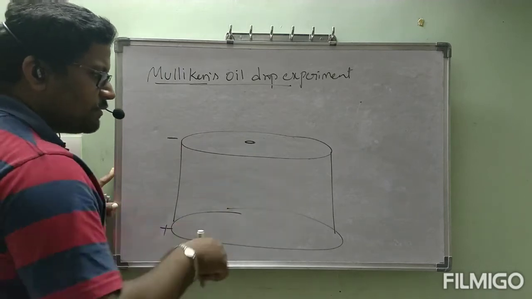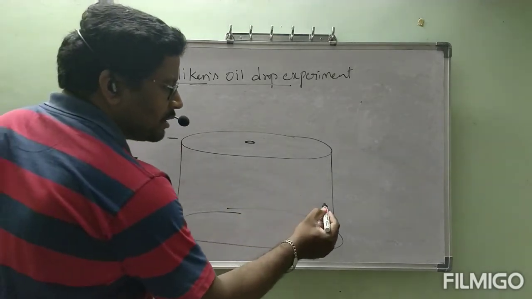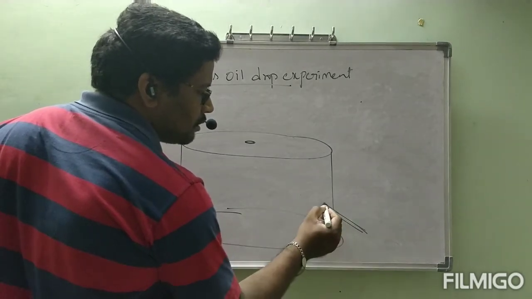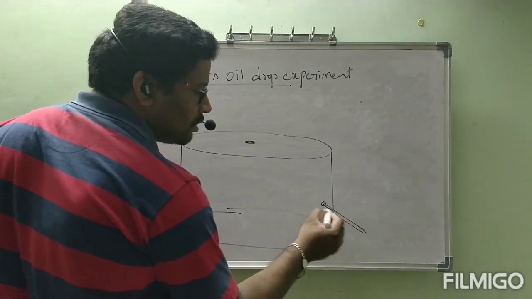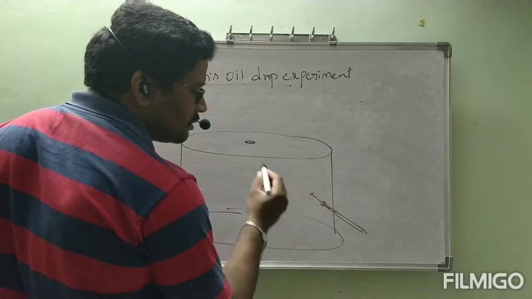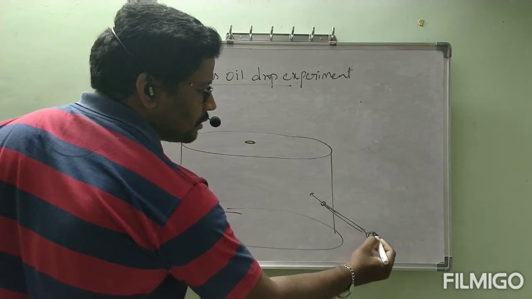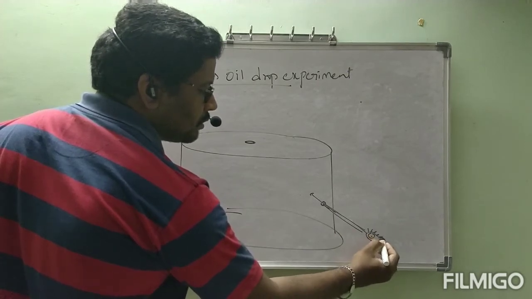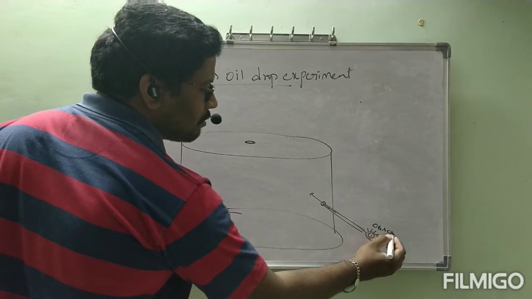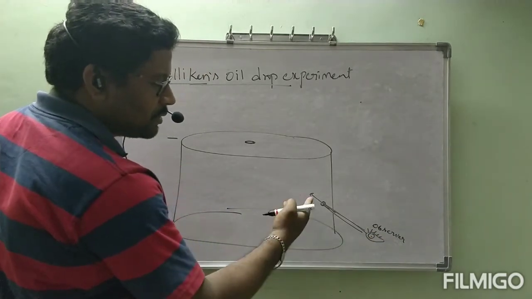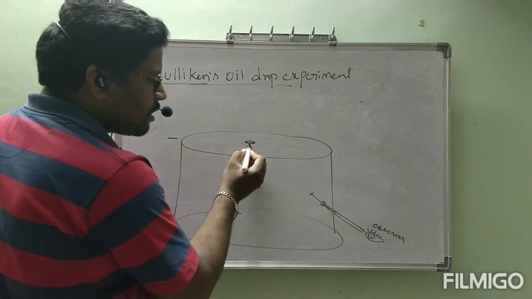Okay, this is the equipment. He kept one microscope here to examine the oil drops. This is the observer, observing through the microscope. This is the small hole.